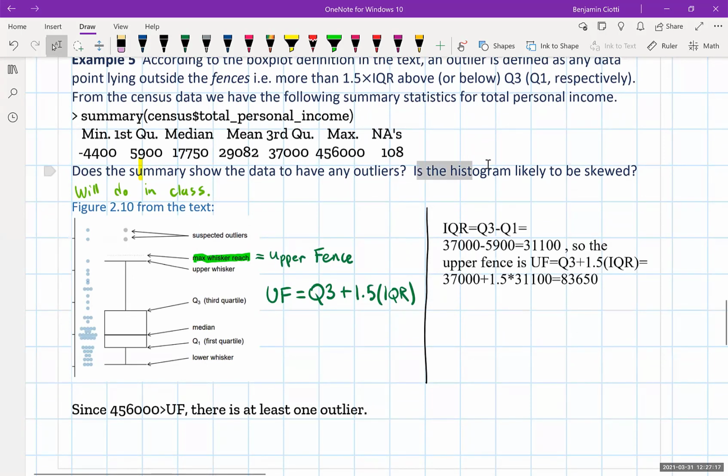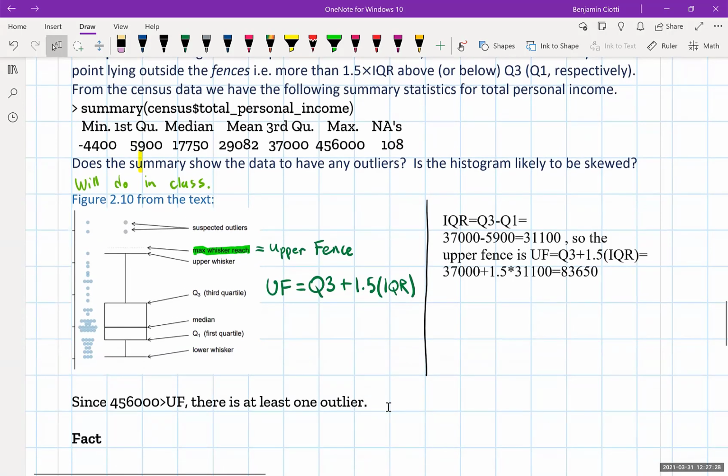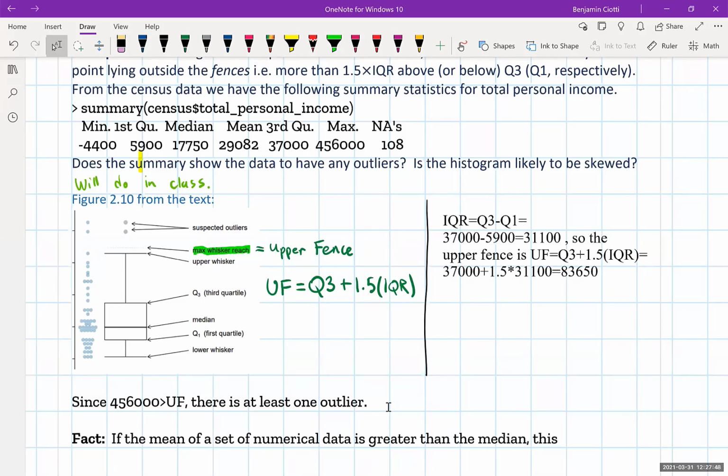I also asked if the histogram is likely to be skewed. So let me mention a fact which maybe you picked up on. If the mean of a set of numerical data is greater than the median, then this usually, not 100% of the time, but usually indicates skew.